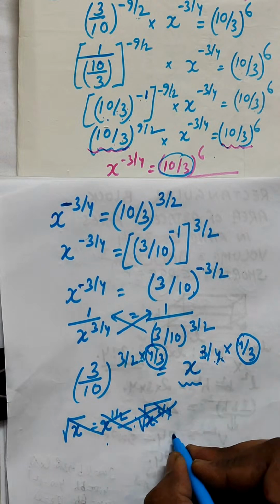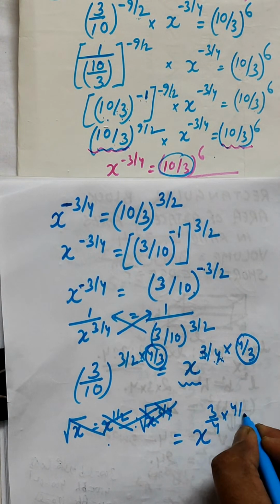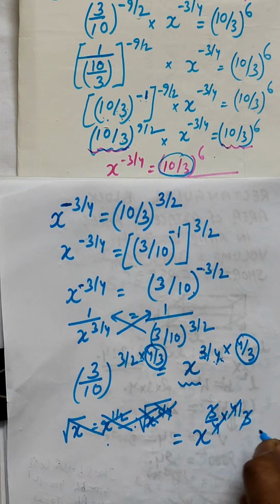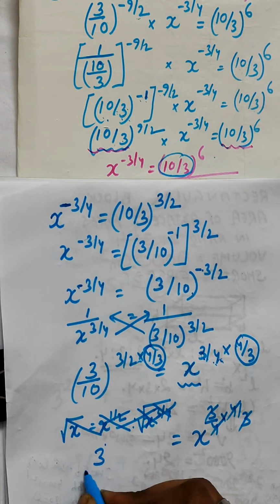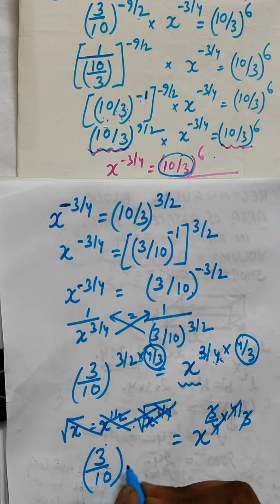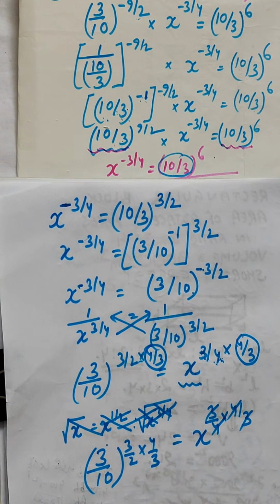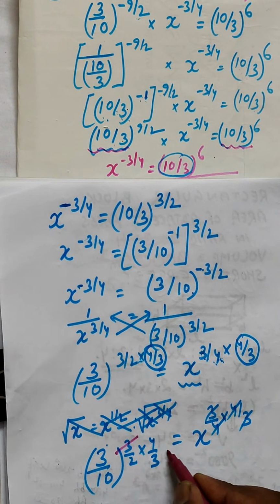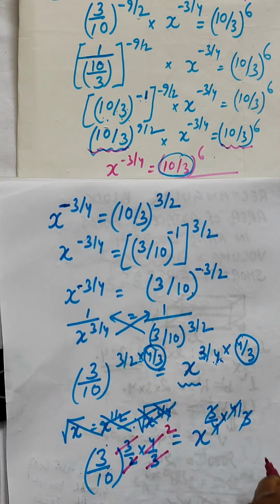In this way the above equation will look like this. The value of x on the RHS will be x power 3 by 4 into 4 by 3. The 4s and 3s cancel out. On the LHS, we have 3 by 10 power 3 by 2 into 4 by 3. Here the 3 will cancel out and 2 will cancel the 4 two times.